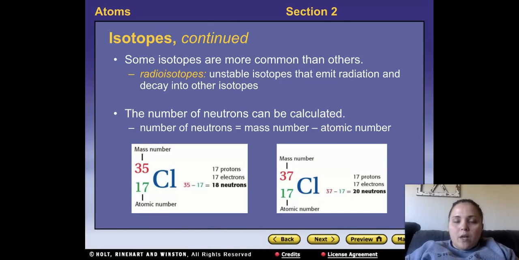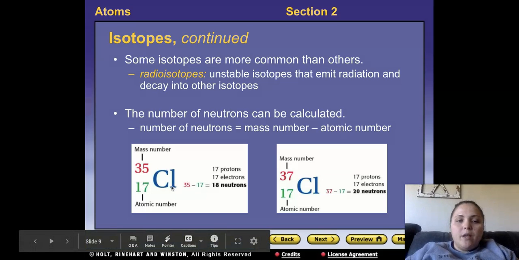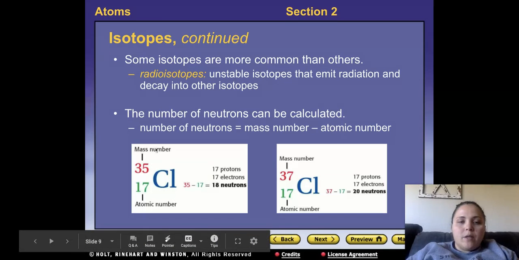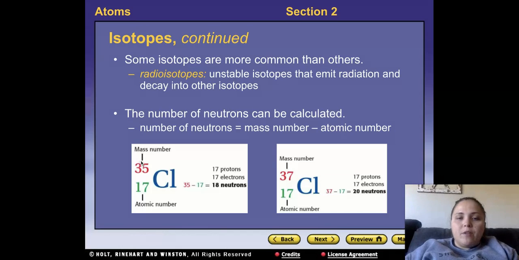But just for introducing you to it, this is chlorine, 2 versions of chlorine. Chlorine has 17 protons always, so its atomic number is always going to be 17. But there are 2 different isotopes that we're looking at here, and chlorine's mass number here is 35. To find the number of neutrons, you would do mass number minus atomic number.